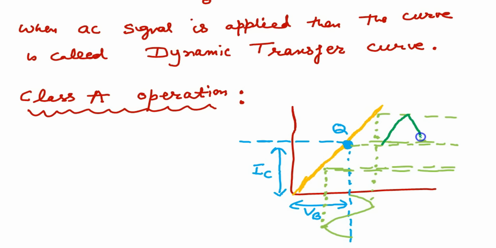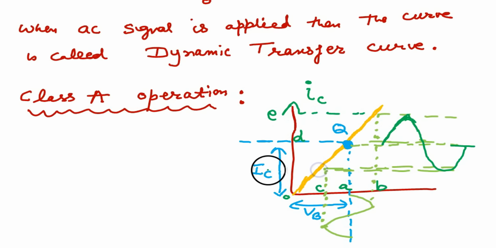This is the collector current which is varying. If the base voltage goes up, the collector current goes up too, and if the base voltage goes down, the collector current also goes down. In the same way as the base voltage varies, the collector current varies. The base voltage varies from A to B, B to C, and the collector current varies from D to E and E to F, like that.